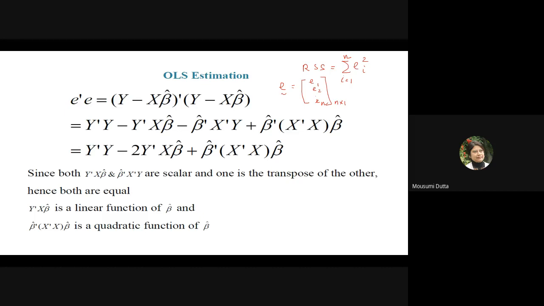Now, if I multiply this vector by, say, transpose of it, this is of order, and this is of order.